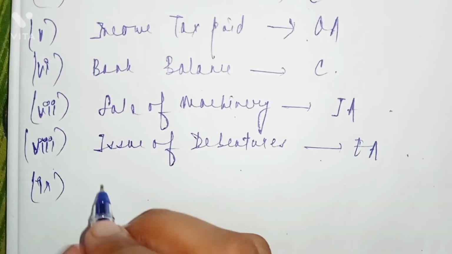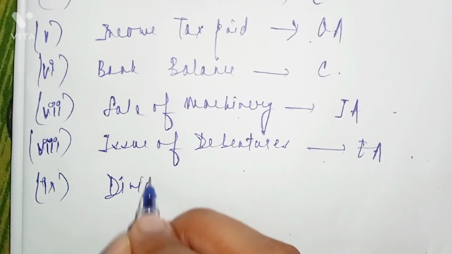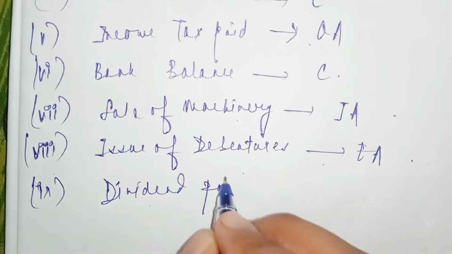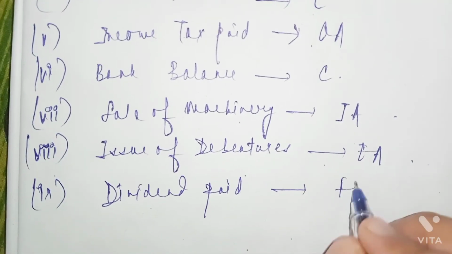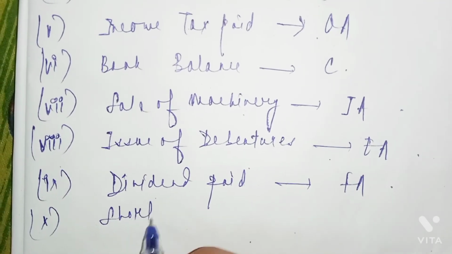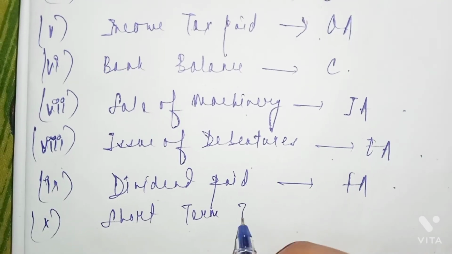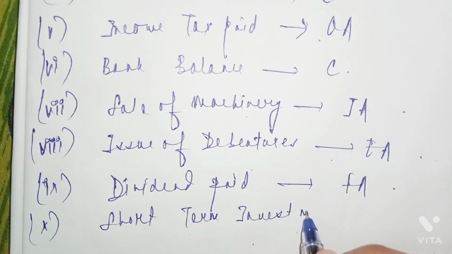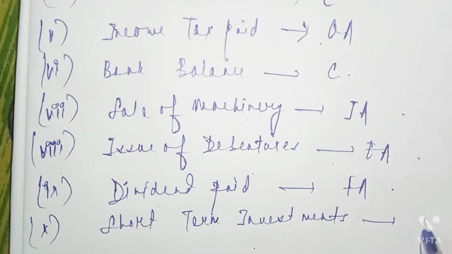Number 9, any dividend paid. So it's a financing activity. Number 10, and that's the last one, short-term investments. So this is a cash or cash equivalent.